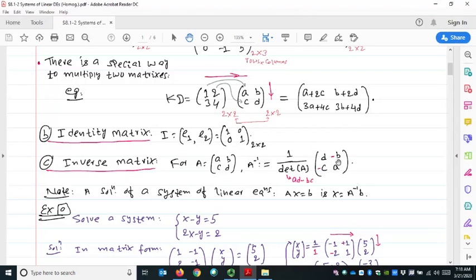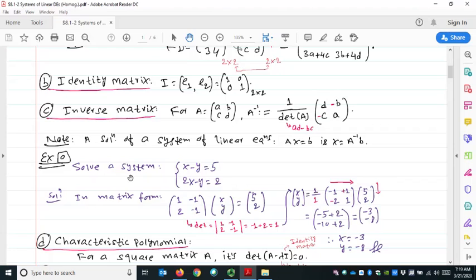This matrix is obtained from the coefficient matrix A. On this diagonal we switch the positions, and on this diagonal we switch the sign from A. So we have A and D switched, and if we have minus C minus B in this diagonal on A, then we have to make plus C plus B on this diagonal on the A inverse. Great.